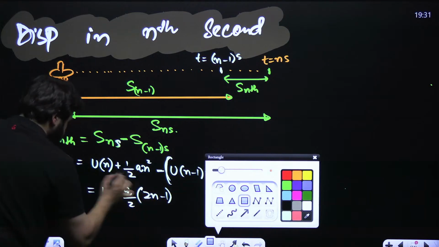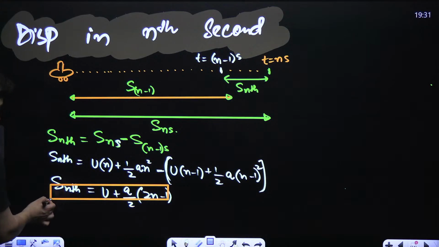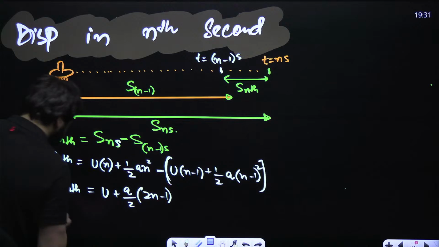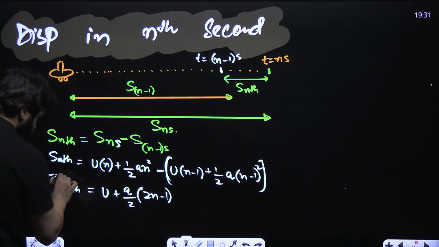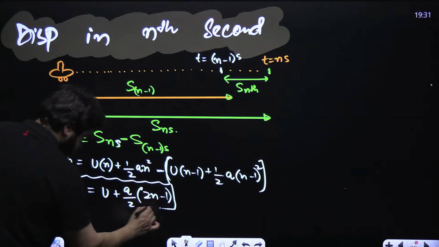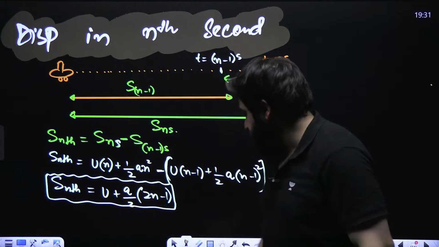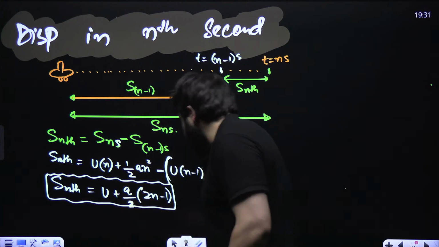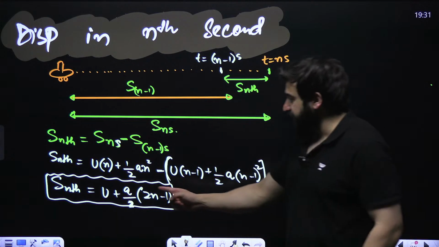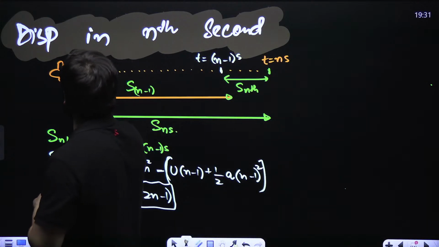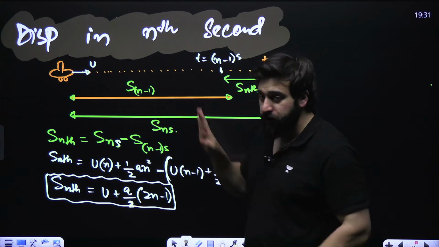I would want you guys to keep this in your mind: u plus a by 2 into 2n minus 1. u is the initial velocity with which it left over here, and a is the acceleration over here.